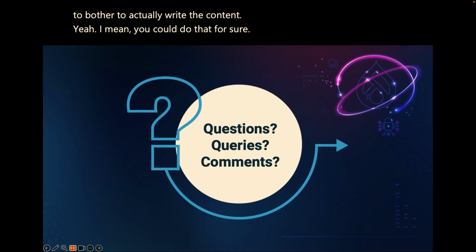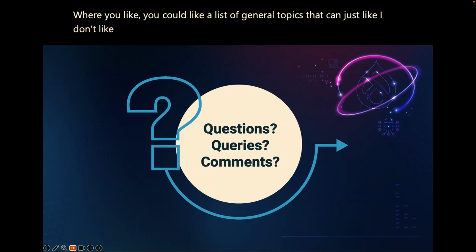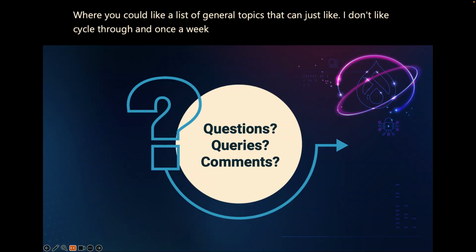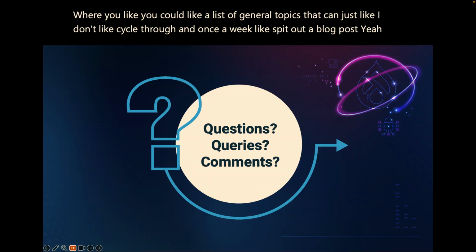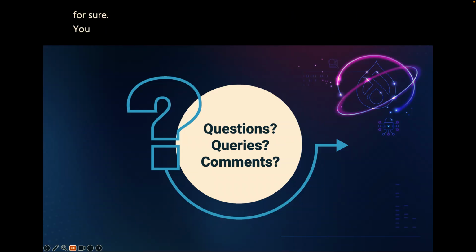Where you just have a list of general topics that it can cycle through, and once a week, spit out a blog post, to keep the SEO up. Yeah, sure. You could, for example, create a list of topics in a vocabulary.